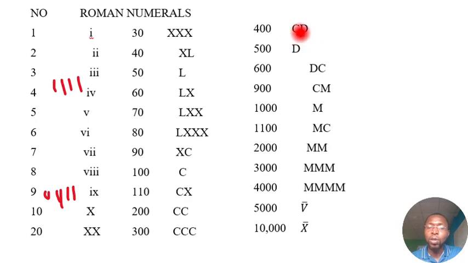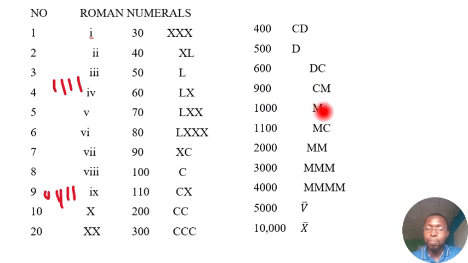And it's going to be CD because the lesser one is coming before the bigger one, so you subtract. But now 500 is D, 600 is now DC because it's going to be 500 plus 100. And again, because the bigger number comes before the smaller number, you add up. The 900 is CM because M is 1000, C is 100, so 1000 minus 100, that's 900, okay?